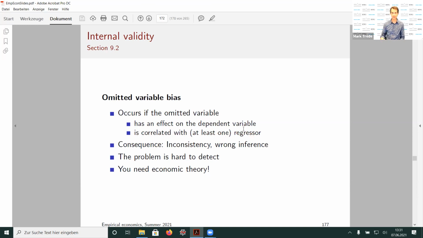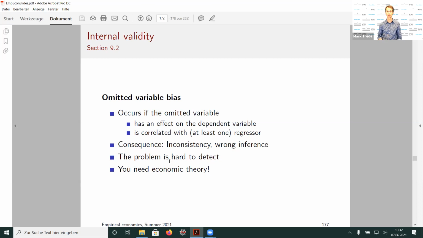Okay? And if that's the case, then what we get is a biased estimation and also an inconsistent estimation and wrong inference, and everything about the causal inference breaks down in that case. So the tests we do are wrong, the confidence intervals we compute are wrong, and, well, in short, the problem is really severe. But also, it's very hard to detect.